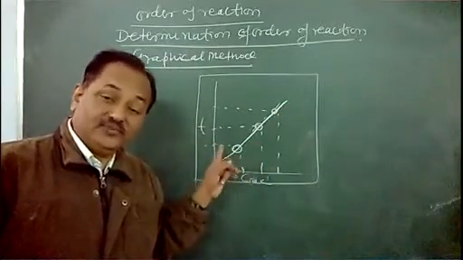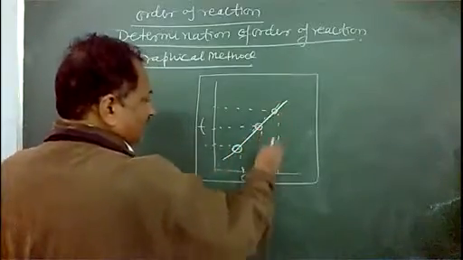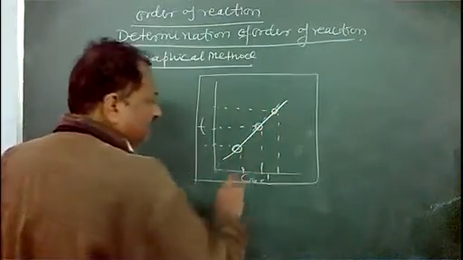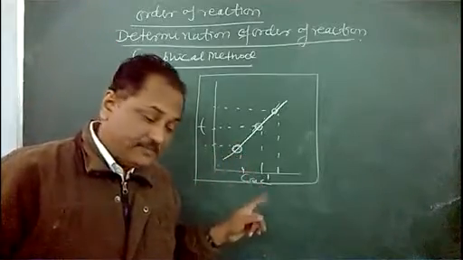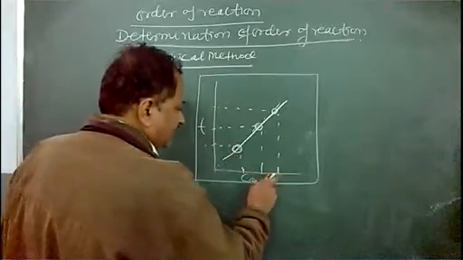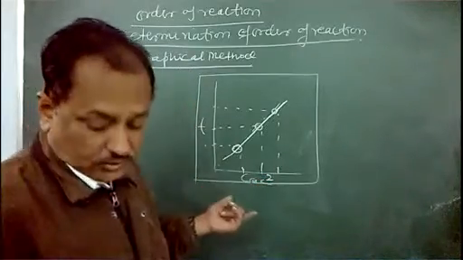Again, what I have explained before. So on joining the circles, the centers, if the concentration is 1, then it is a first order reaction. If it is 2, that is a second order reaction, and so on.